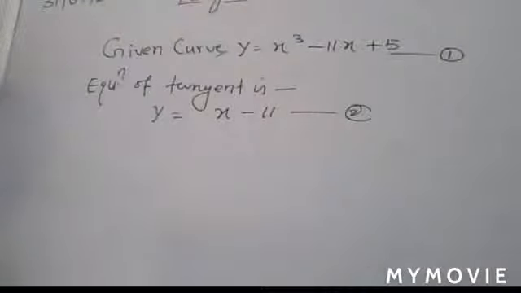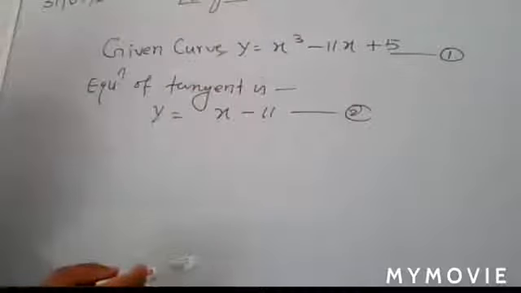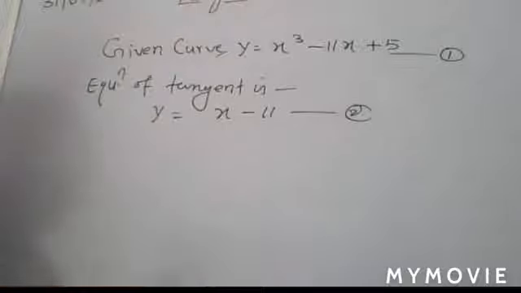Means you have to find the point on the given curve for which the equation of tangent is y is equal to x minus 11. This is your question. So what do you do in that case?